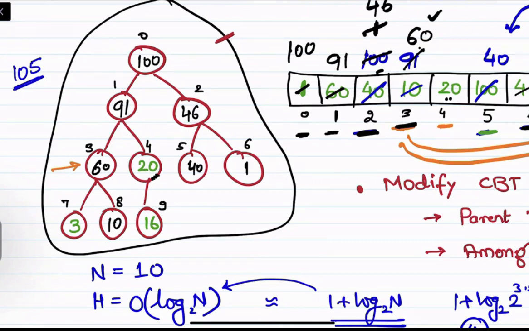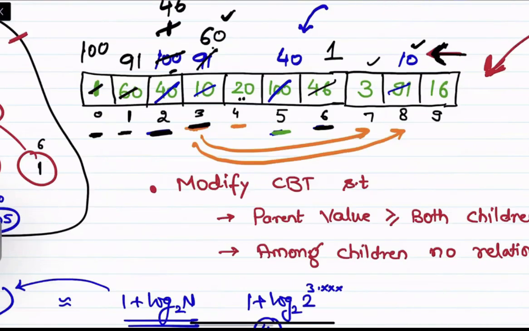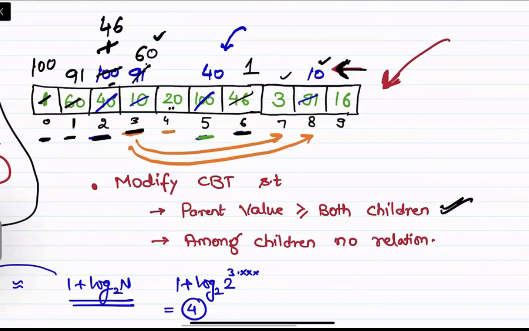Right now don't worry about the restructuring property. If I have to insert, it has to be inserted here, right? It will be at index 10. That means if I have to do this operation of insertion, I have to increment my list size and I have to put 105.